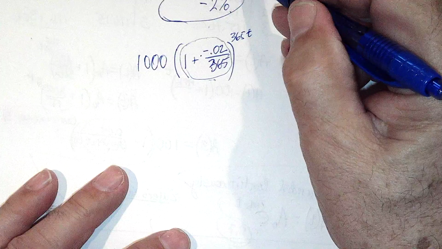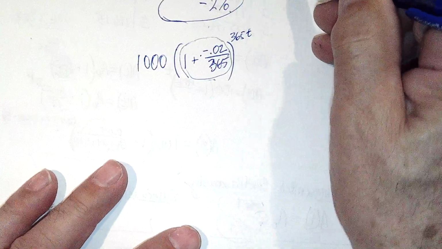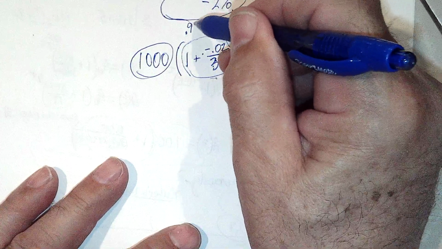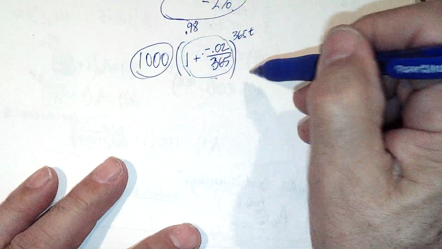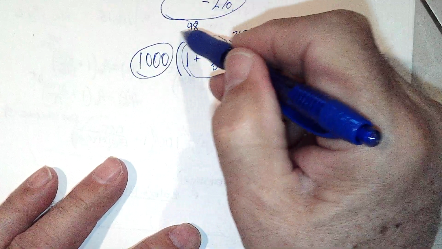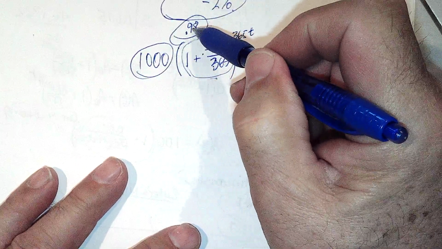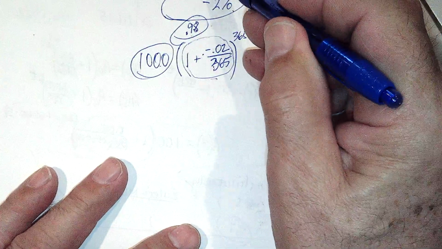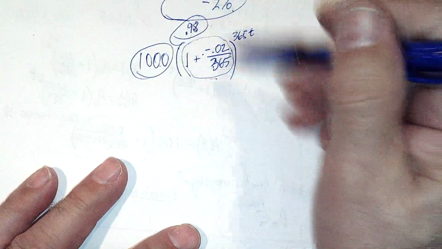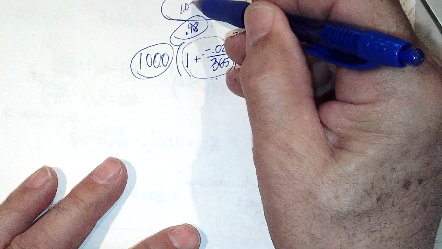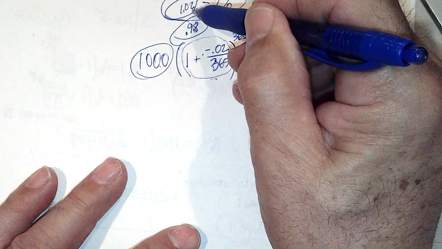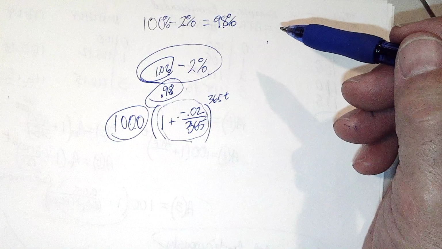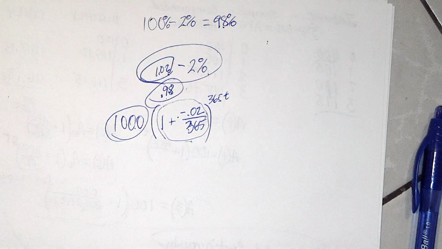And so if we were doing it annually, we'd want to take the amount we started with times 0.98, and that would mean we're decreasing. So if the base is less than 1, we're decreasing. If the base is 0.98, we're losing 2% per year. If the base is 1.02, we're gaining 2% per year. Okay? Hopefully that'll help.